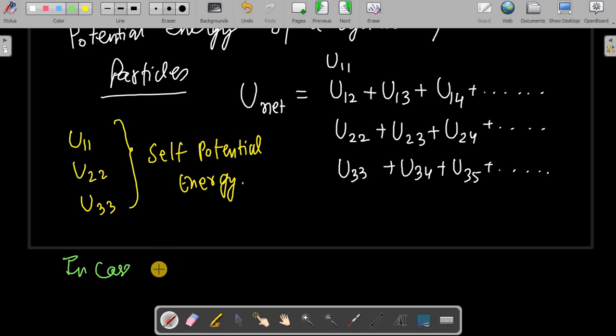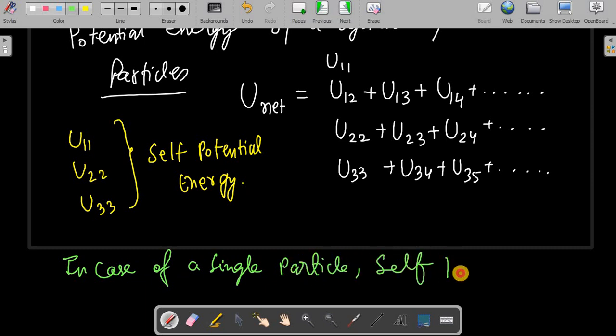In case of a single particle, self potential energy is not considered.